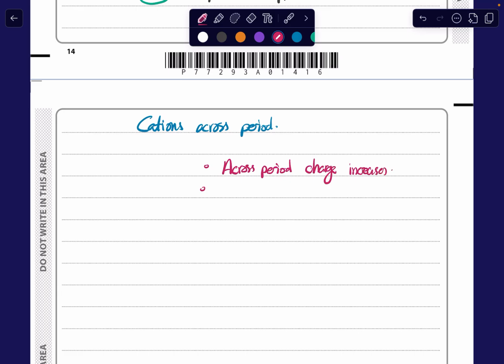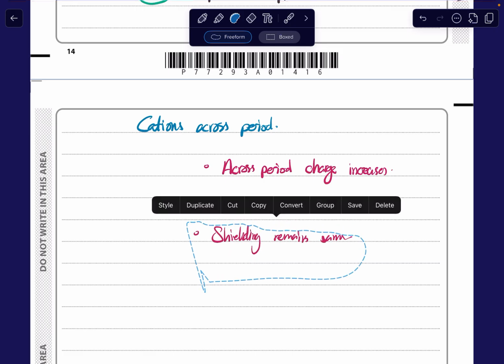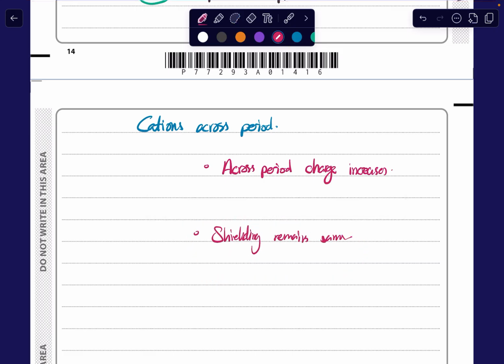As that charge increases, shielding remains the same. In fact, let's just do it like CARS. So C, charge increases. A, attraction increases. If my attraction increases, I'm pulling all of that atom closer together.